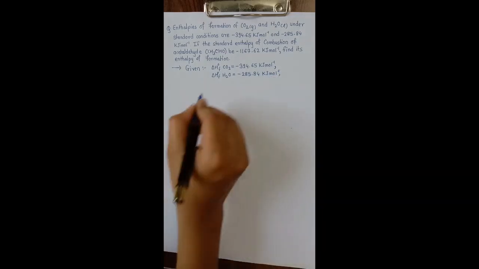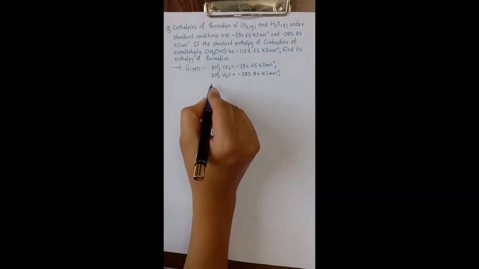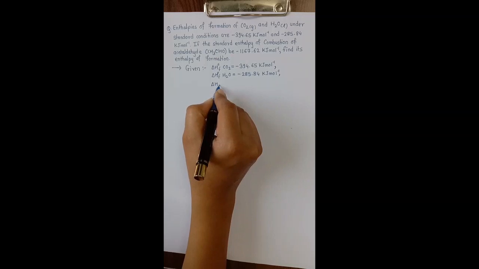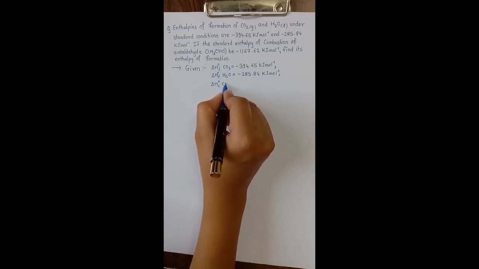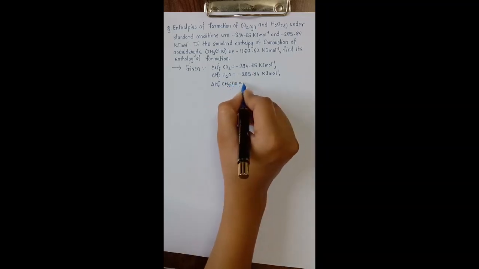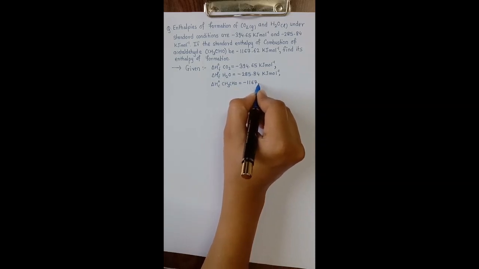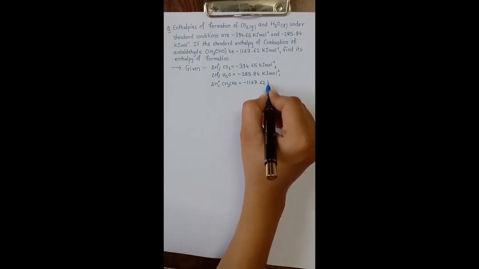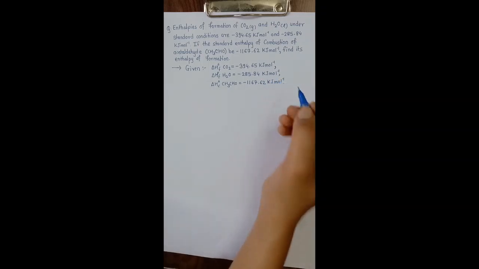Next, the standard enthalpy of combustion, that is delta HC naught of acetaldehyde, that means CH3CHO, is equal to minus 1167.62 kilojoule per mole.